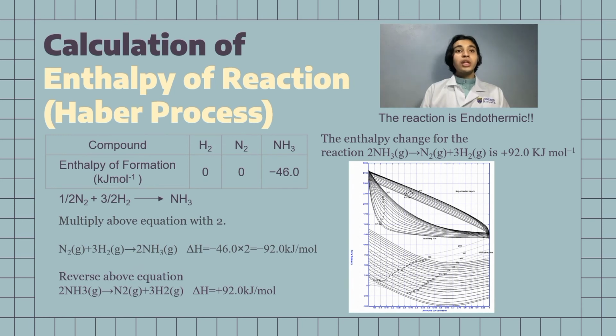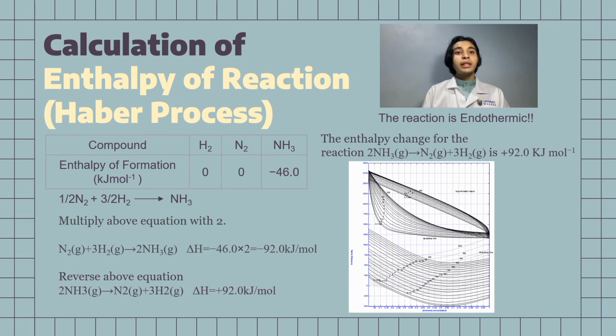Finally, let's continue with the calculation of enthalpy for the Haber process, which is the most interesting process in my opinion because it involves natural gases such as hydrogen and nitrogen. As you can see in the table, the enthalpy of formation of hydrogen and nitrogen is actually 0, and for ammonia, it is negative 46. Now let's write the balanced equation for the reaction, which is 1/2 nitrogen plus 3/2 hydrogen will produce ammonia.